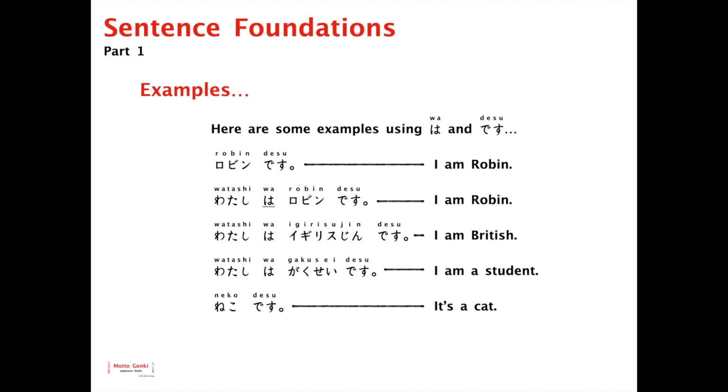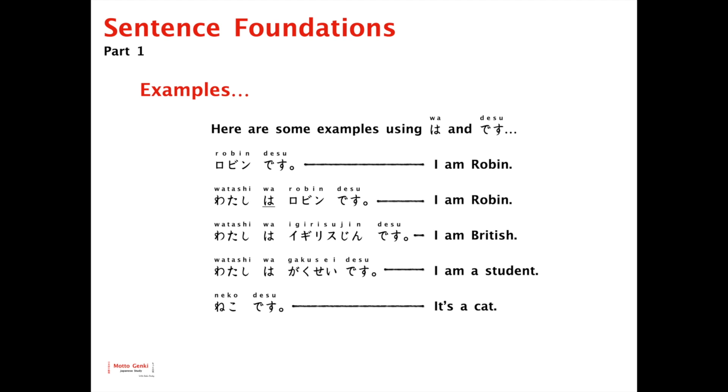Here are some examples. First, to specify that something is something, we use desu. So I am, he is, it is, they are. Here, I am Robin, Robin desu. In the previous sentence, we saw that I am Robin is watashi wa Robin desu.